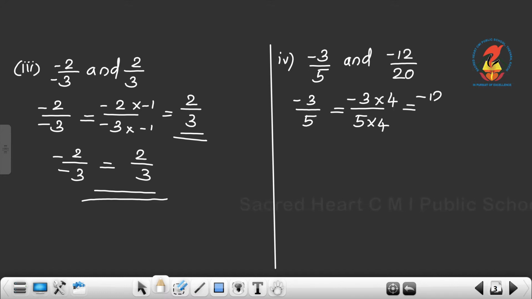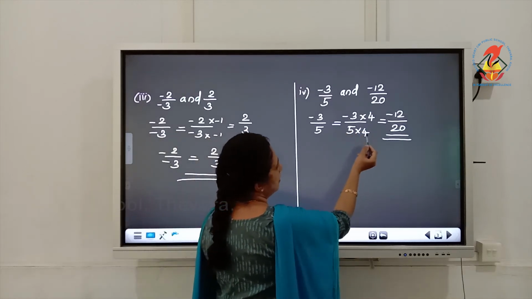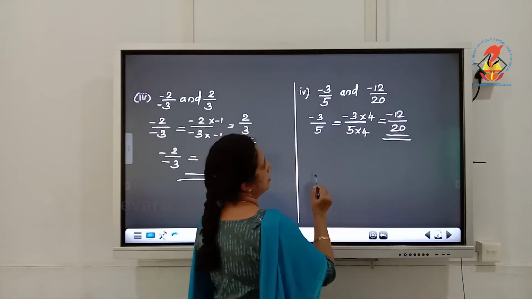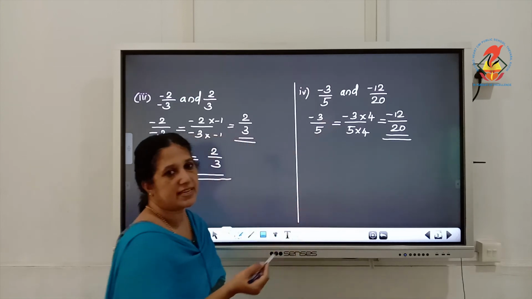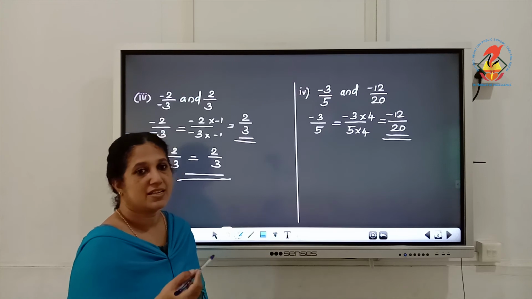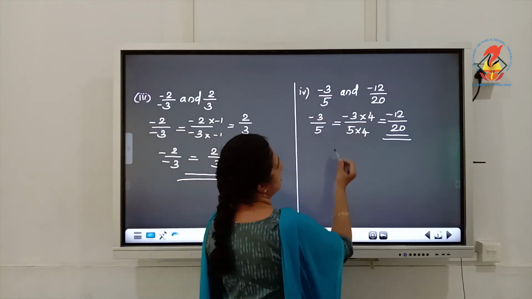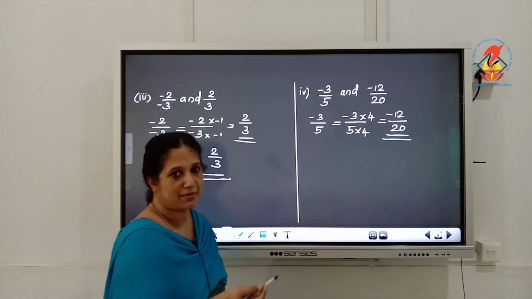So we get negative 12 by 20. Look at that. Negative 12 by 20 is an equivalent rational number of negative 3 by 5. So negative 3 by 5 and negative 12 by 20 represent the same rational number.